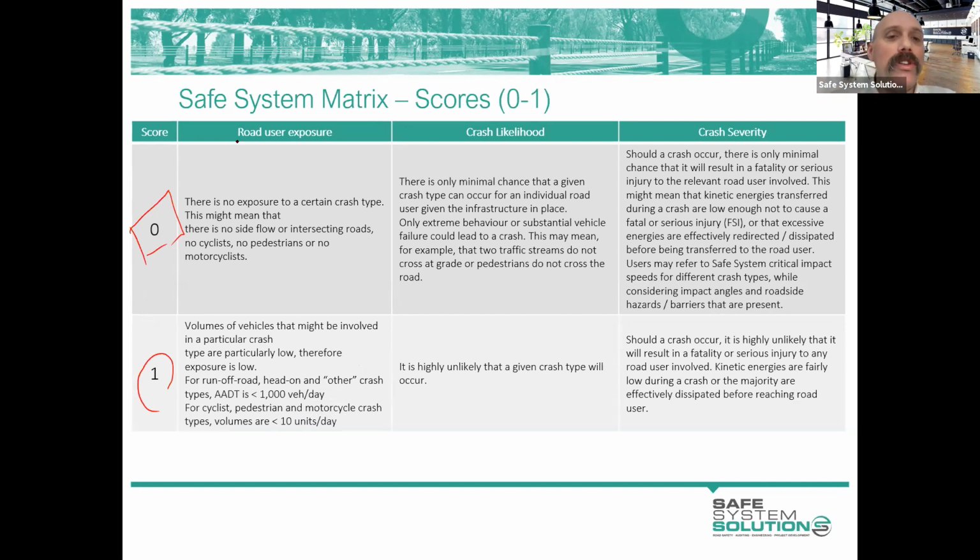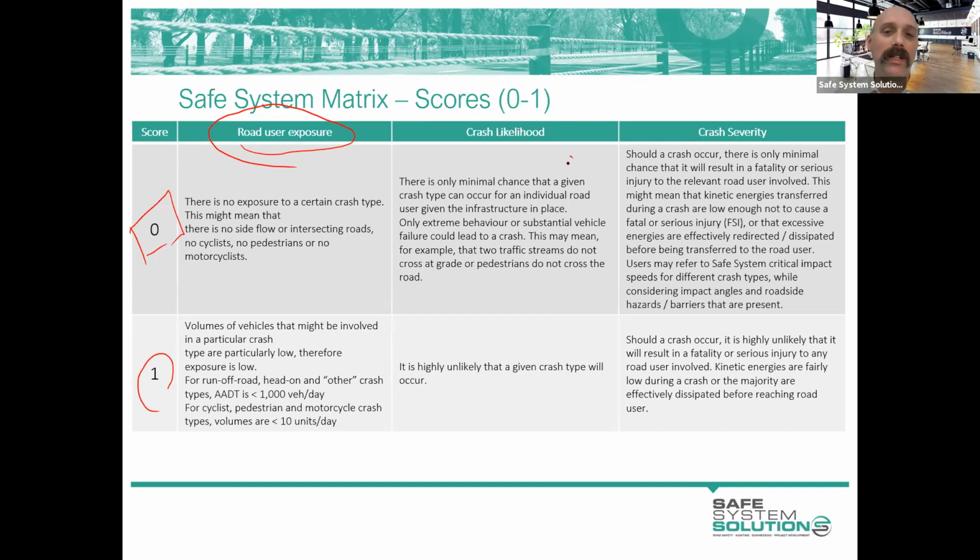So road user exposure, if you are given the volumes, is very clear cut because you've been told a range, a number. This is just what's the volume, where does it apply to, and you just plug that number in. Then you get to the likelihood score. Now, likelihood is really quite subjective.